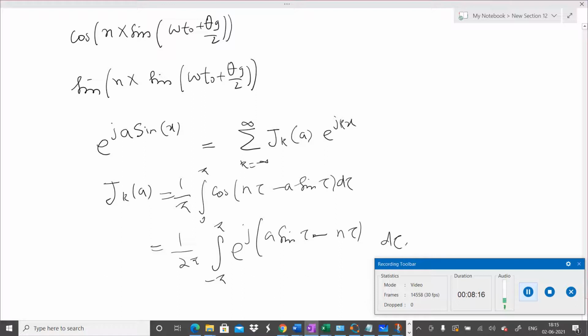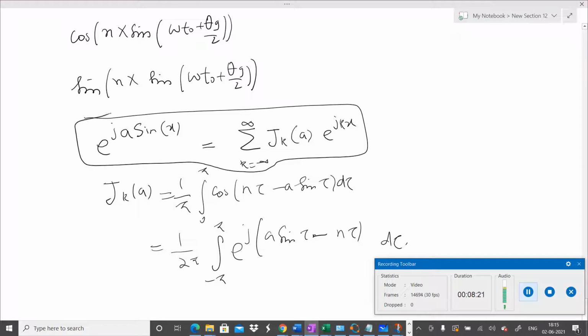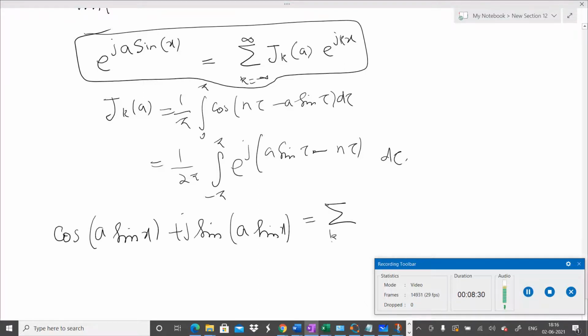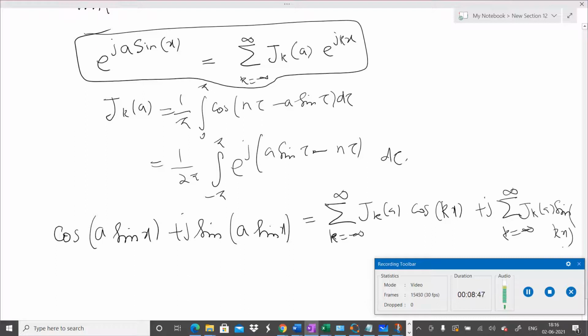From this series you can write it in terms of cos and sine. On the left hand side we have e to the power j a sine x, and on the right hand side summation minus infinity to infinity J_k(a) cos of kx plus j times summation minus infinity to infinity J_k(a) sine of kx.